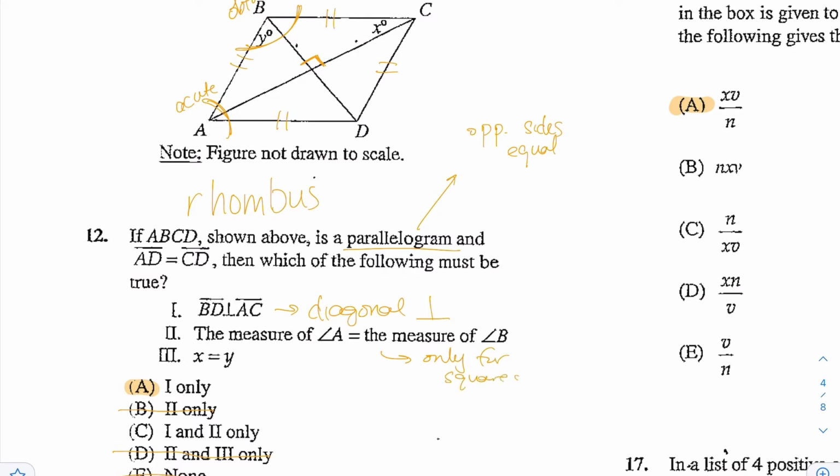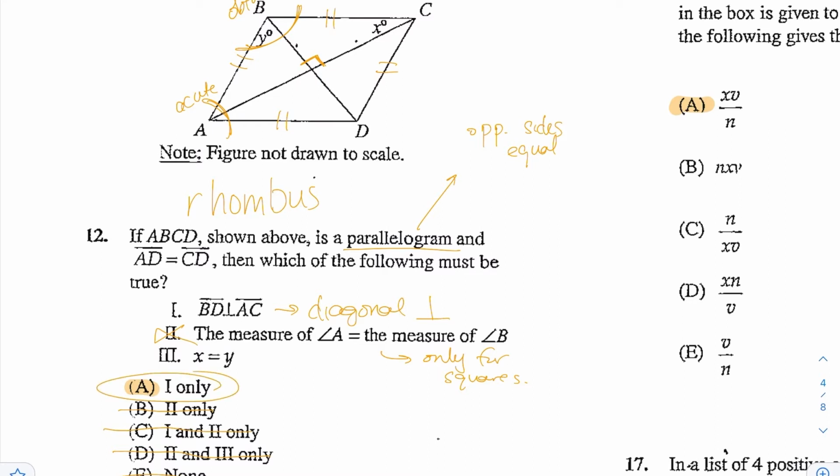And we don't know if angle A is equal to 90 degrees. We don't know if this is a square. Squares are a special type of rhombus in which all the sides are equal and all the angles are equal, but we don't know that. So it doesn't have to be true, so we can eliminate choice C, which leaves choice A.